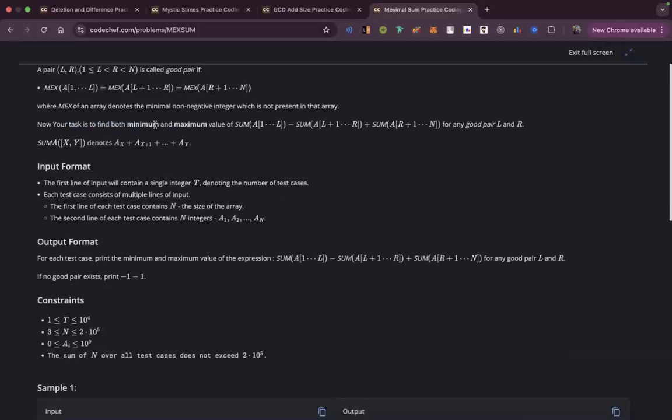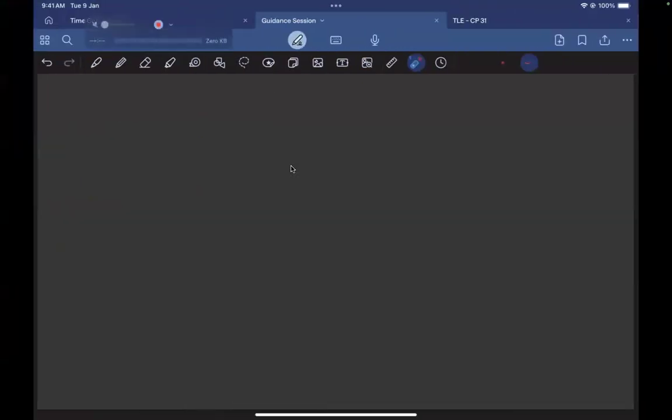Your task is to find both the minimum and maximum value of this minus this plus this for any good pair L, R. Now sum of x, y means basically summation from x to y.